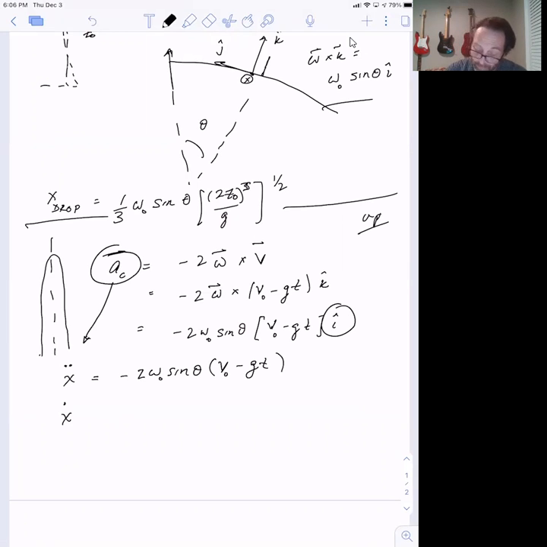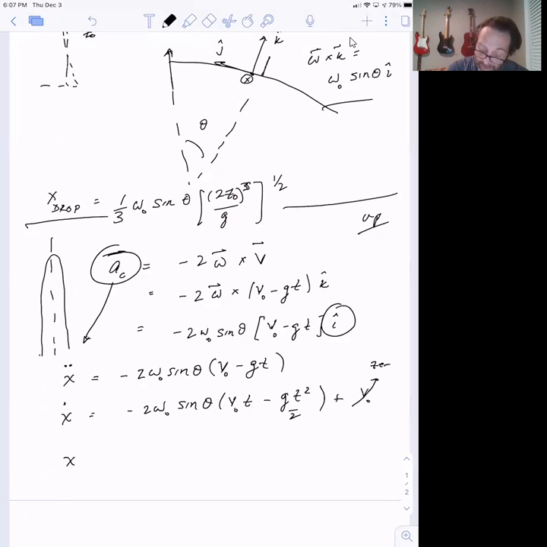So we integrate this once, and we get minus 2 omega naught sine theta. You'll see exactly what I mean by that in a little while. Minus v naught t minus gt squared over 2, plus, and then this would be v naught. If we drop it from rest, v naught at t equal to 0, that vanishes, that vanishes, that vanishes, and the only way we can balance it is for v naught to be equal to 0.